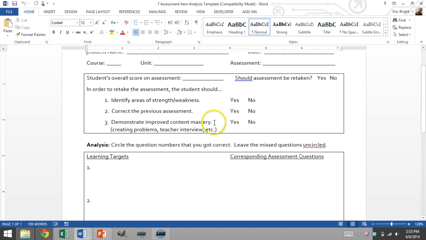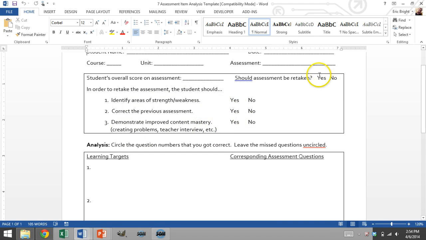So for me, if a student does not do well, especially on a summative assessment, I can take that summative assessment and move it back into a formative assessment. Because if they haven't mastered it, then notice right up here, should the assessment be retaken? I'll let students retake any assessment they want as long as they go through this process of identifying their strengths and weaknesses, correcting, and demonstrating improved content mastery.